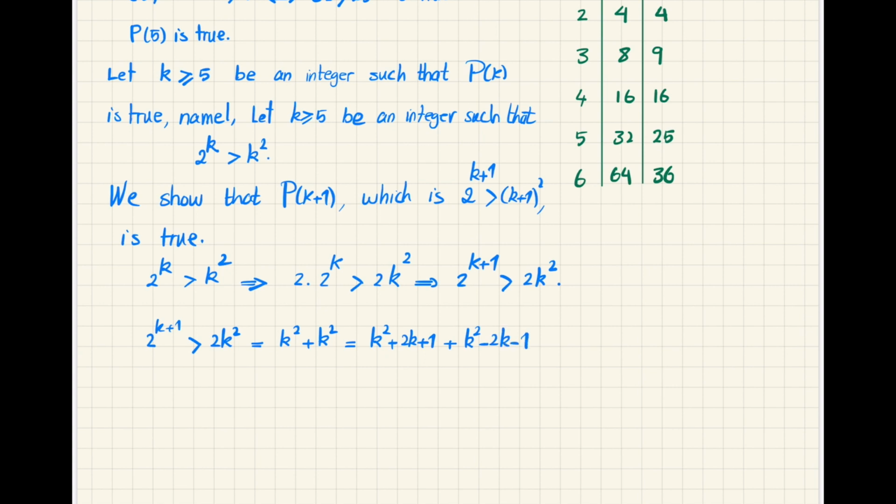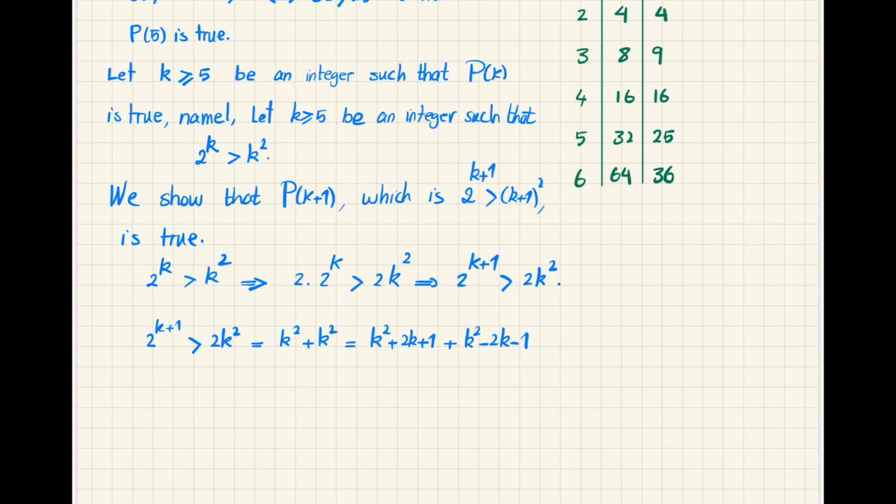Why did I do this? This one, k plus 1 to the 2, is k squared plus 2k plus 1. I want to have this on the right hand side, so I wrote it. But I have to subtract things that I have added, yes? Because now you see that minus 2k and 2k are gone, minus 1 and 1 are gone, so I am left with k squared plus k squared. That's exactly the same thing. So this equality is indeed valid.